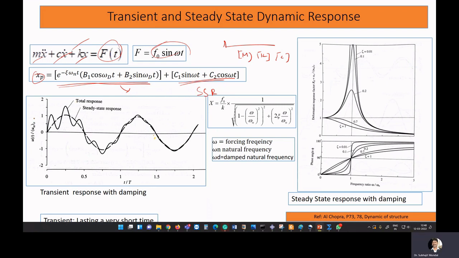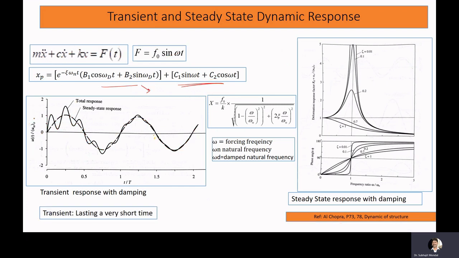Now, if you want to plot x with respect to time, you will observe that initially we get a response like this, and then after some time our response is very steady in nature. Steady in the sense that the response is a function of your forcing frequency. Here you can see that part is your C1 sin omega t and C2 sin omega t.